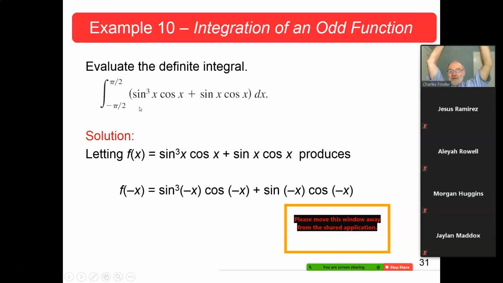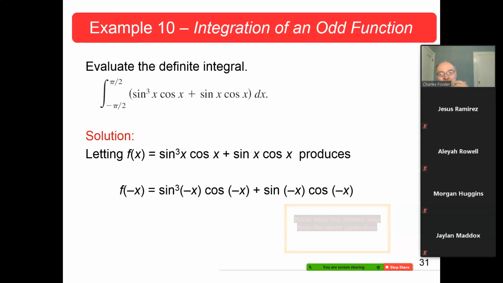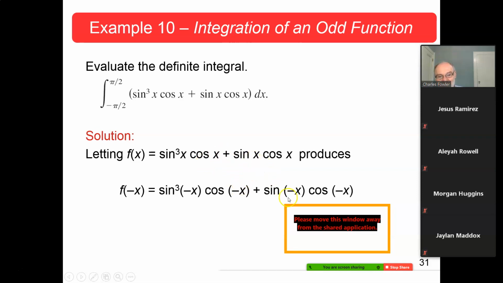You could. I'm sorry. I didn't read enough of what they were doing. Here's what they're doing. They're testing even and oddness. If you remember this from pre-calculus algebra, this is one way to do it. Plug in a minus x for the x and see what happens. If you plug in a minus x here for x, a minus x here for x, a minus x here for x, and a minus x here for x.